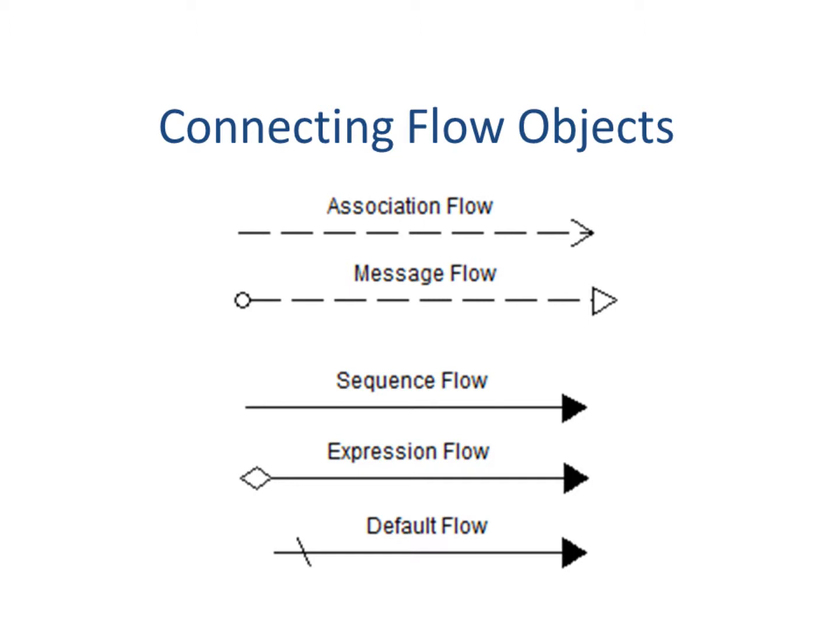Objects are connected on a BPMN diagram using a series of lines called sequence flows, message flows, and associations. A sequence flow is a solid graphical line that is used to show the order that the activities will be performed in a process. Each flow has only one source and one target.